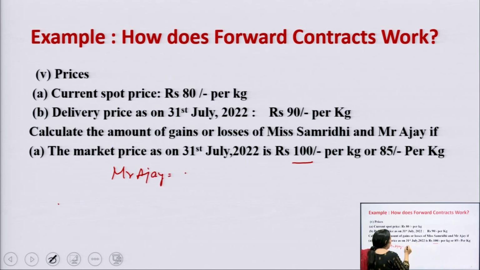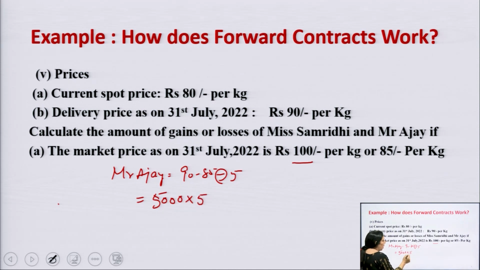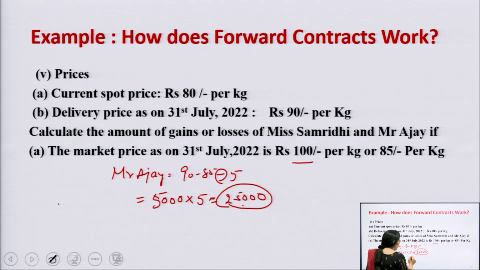How much? 90 minus 85, it's rupees 5. Simple, you have to multiply, 5000 multiplied by 5, it will become 25,000. This is the benefit to Mr. Ajay and loss to Samriddhi.